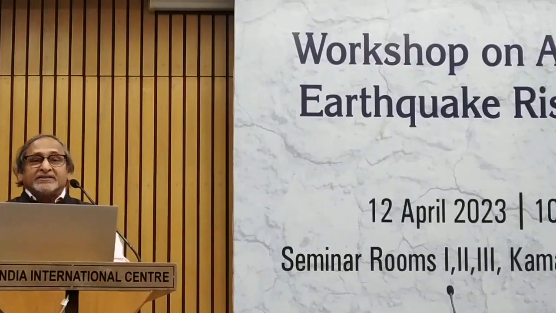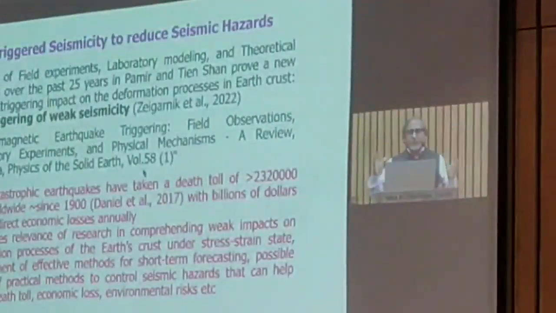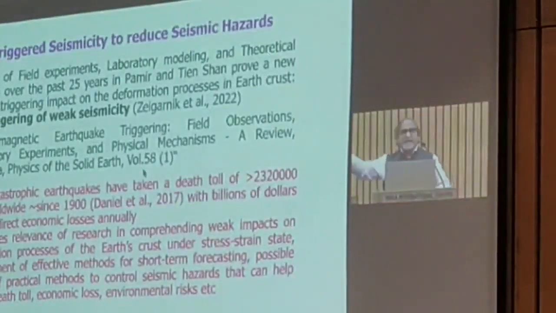But some studies in Russia, by Zhigalin, have shown from field experiments, laboratory experiments, and theoretical studies that if a region is capable of generating a magnitude 6 or 7 earthquake, they have injected electromagnetic waves into the field and produced weak, low-magnitude earthquakes which don't cause any damage.